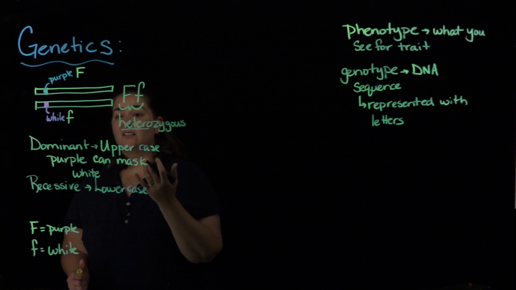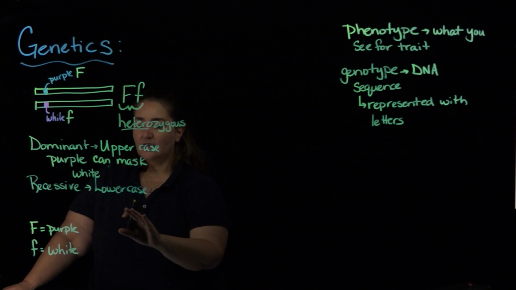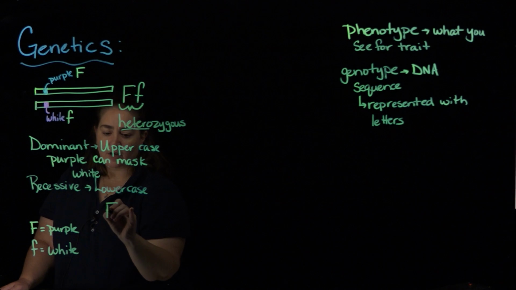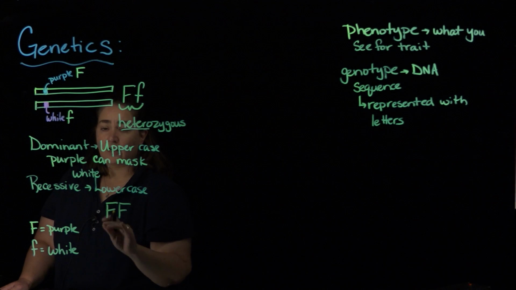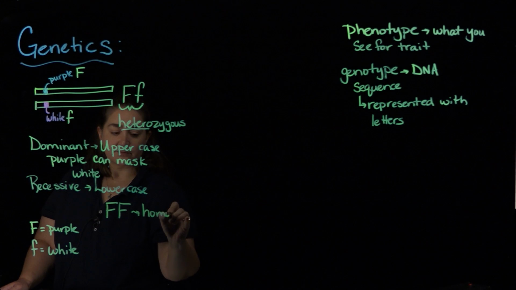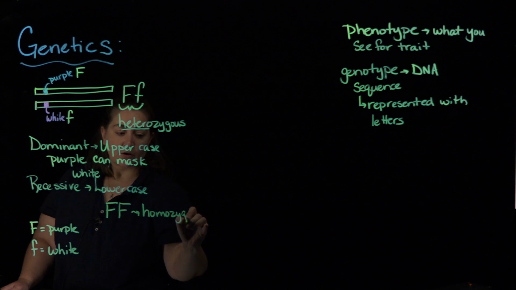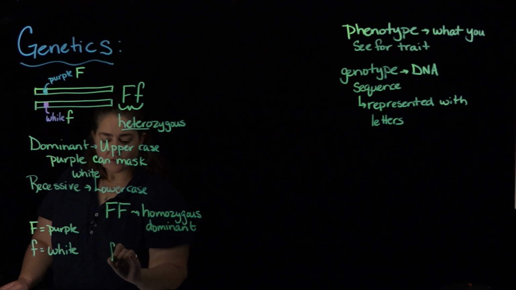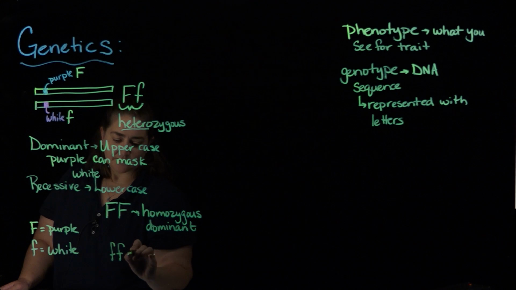Hetero meaning different. We also can have some other combinations. We could have two capital letter F's. This would then be considered homozygous dominant. We could have two lowercase f's.